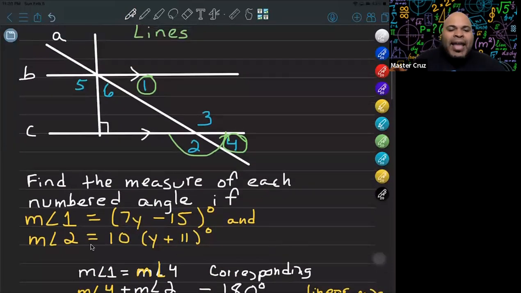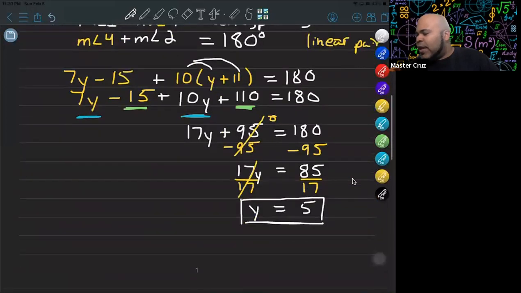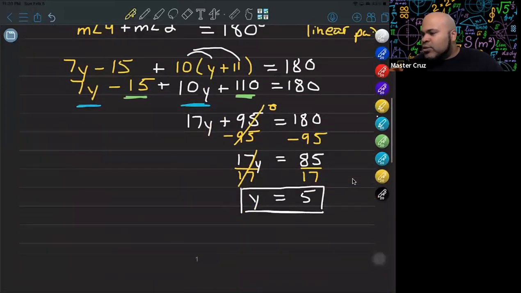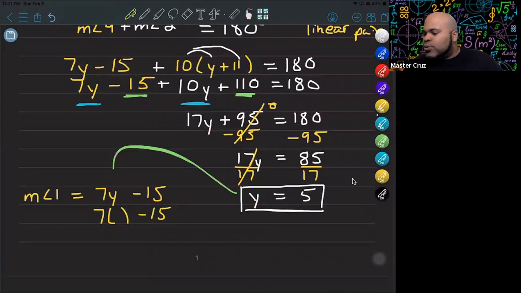The measurement of angle 1 is 7y minus 15, so that's what they want. The measurement of angle 1 equals 7y minus 15. Instead of writing y, I'm going to open parentheses, minus 15, and substitute what y equals. Well, y equals 5.